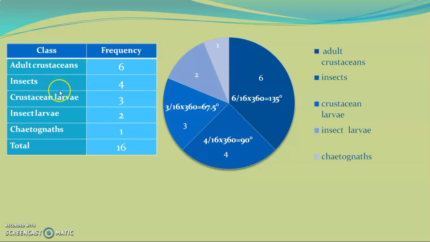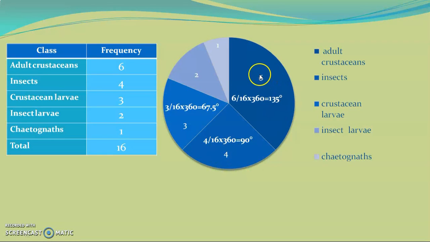Similarly, in the case of insects, 4 is the frequency. 4 divided by the total 16, into 360, that is 90 degrees. We will take 90 degrees and draw a sector, and that sector will be represented by giving the frequency here.